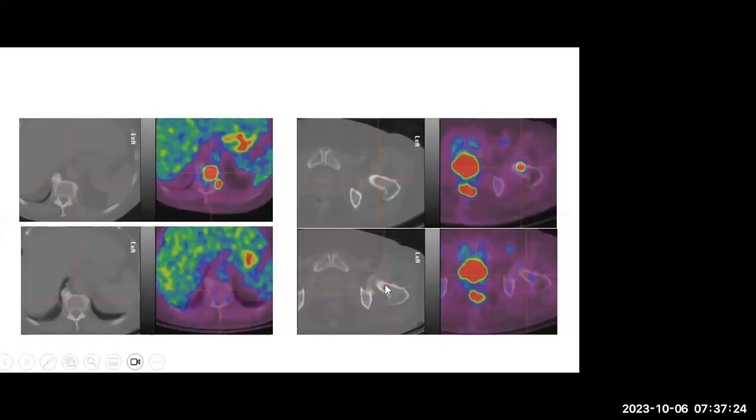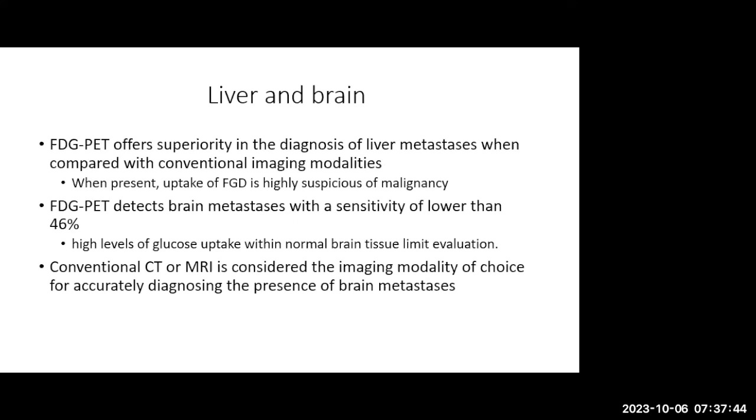There is what you may call a lucency here, but this was symmetric, and it's just the way that particular bone looks in this patient, because in follow-up it looks exactly the same when you have this intensely avid metastatic lesion. So very useful, as you can see, for evaluating bone metastases.